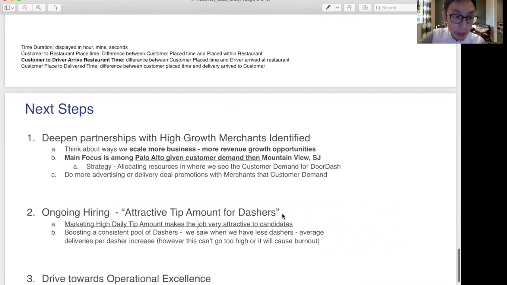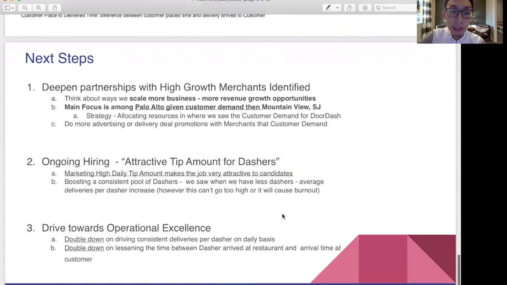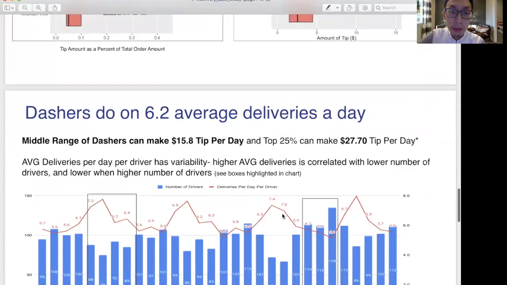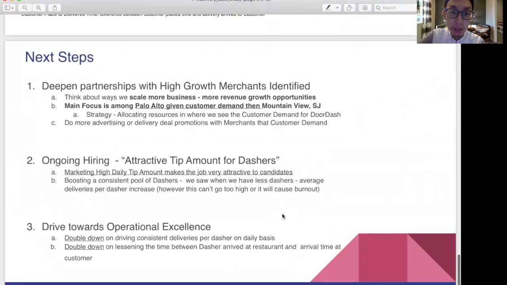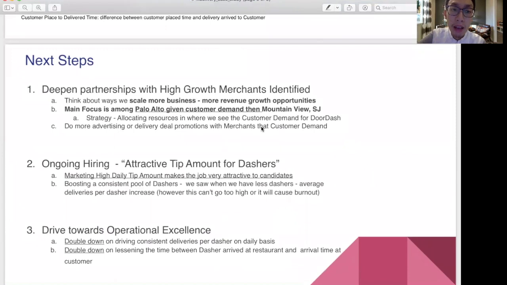So some of the next steps is basically highlighting what you have already done in the previous slides, but to summarize it. So we found that the restaurant business and which restaurants are very important, right? And then the second part, attractive tip amount for dashers.